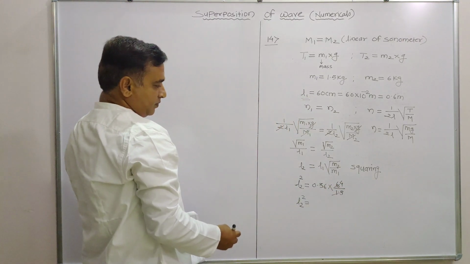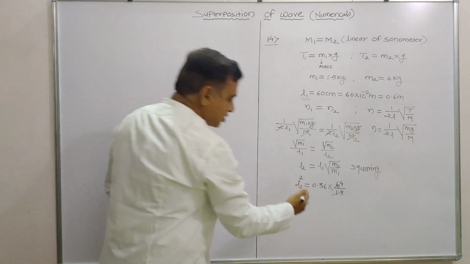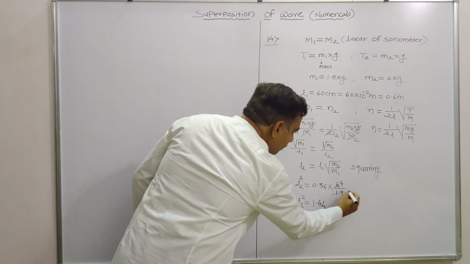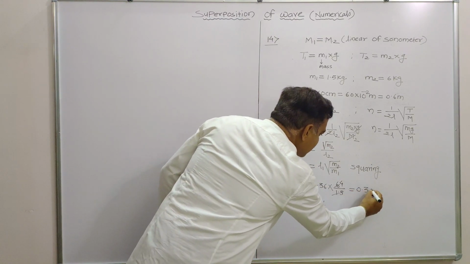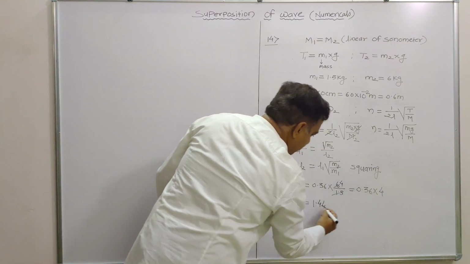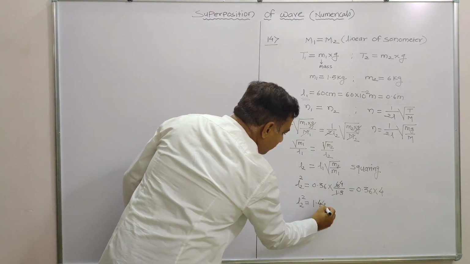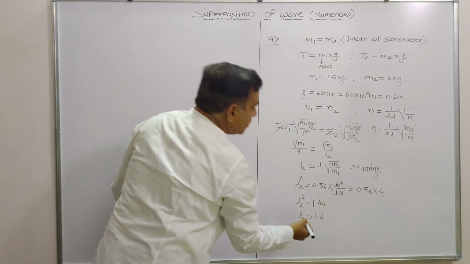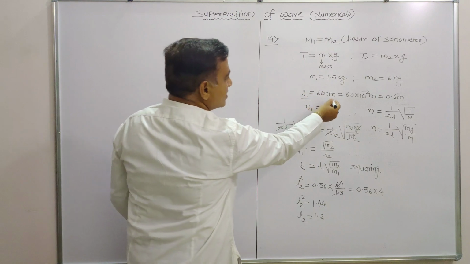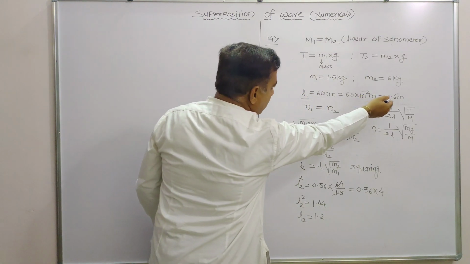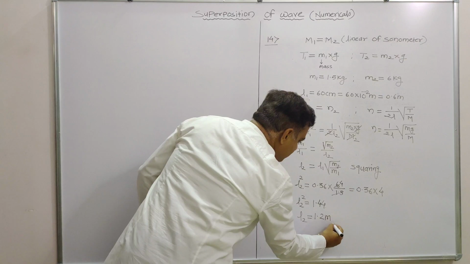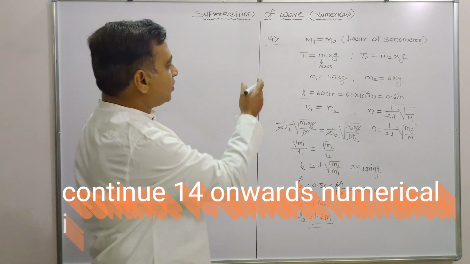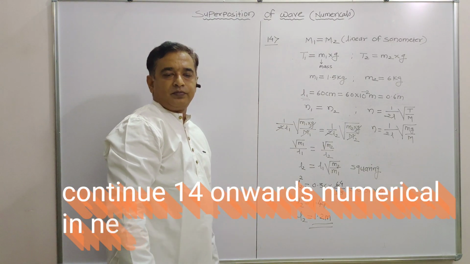So it comes out to be 1.44, that is 0.36 multiplied by 4, and L2 is equal to 1.2. Obviously L1 was in centimeter and we converted that into meter, so the answer is in meter. 1.2 meter is the answer for the 14th. Okay, we will stop here.